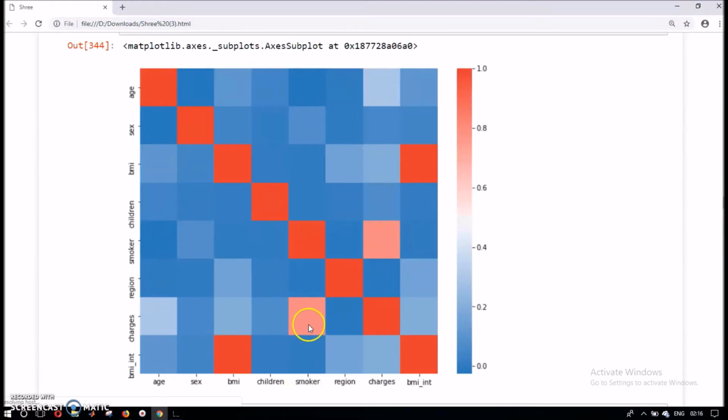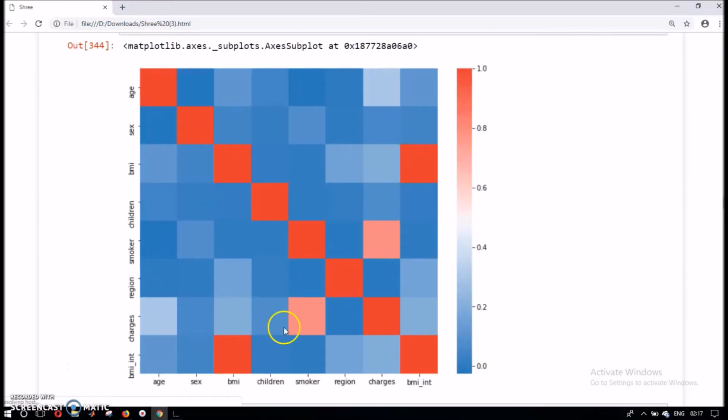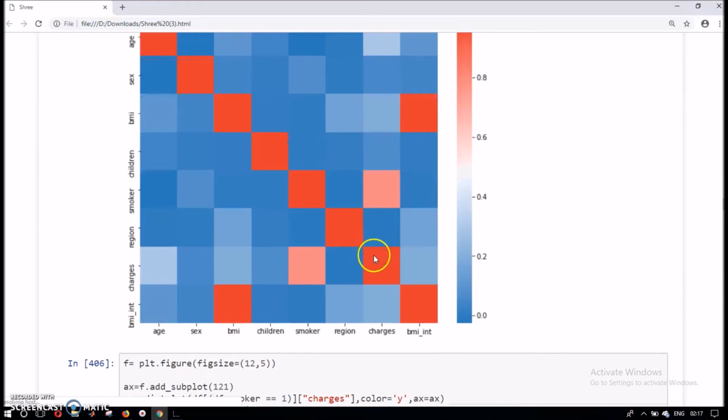Now the next thing is this smoker versus charges part, which corresponds to nearly 0.7. So we will have to look at this deeply. After that, the light blue parts are important. These include BMI versus charges, BMI versus region, and age versus charges. So we will look into these also.